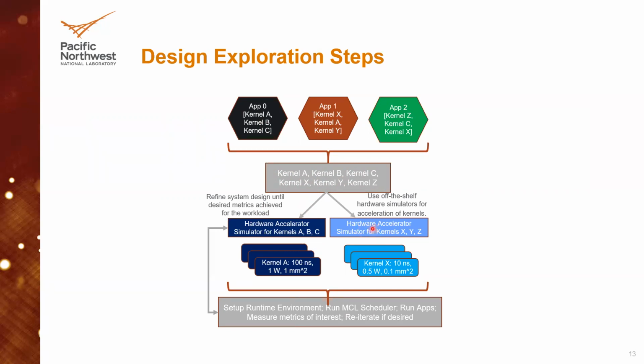You do some design space exploration within the hardware accelerator. You obtain some design points, and then these design points are used to populate config files with the Proteus device. The runtime environment is set up, the scheduler is run, and the apps are run, and then metrics of interest are gathered. And if there's a need, you reiterate in this design cycle.